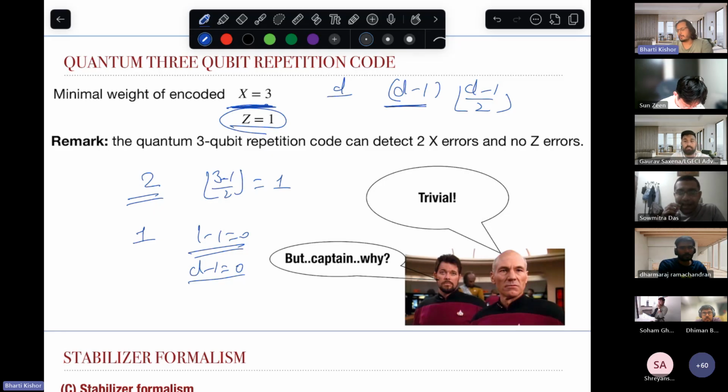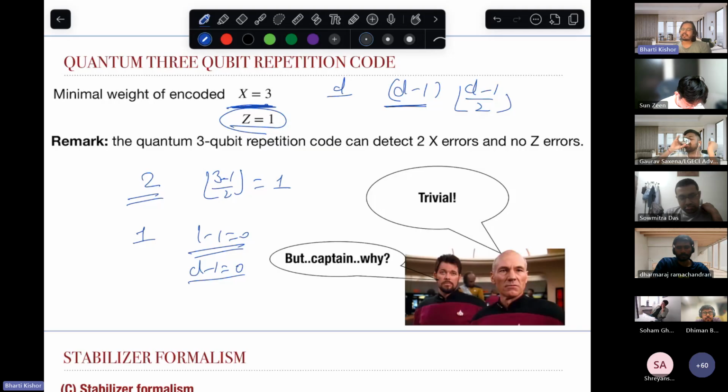So far we talked about the classical 3-bit repetition code, and then the quantum 3-qubit repetition code, and you saw that all the ideas in the classical case have similar ideas in the quantum case. There is some difference at a fundamental level, but there is a parallel between the two.